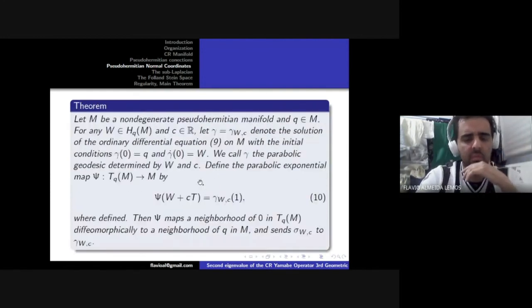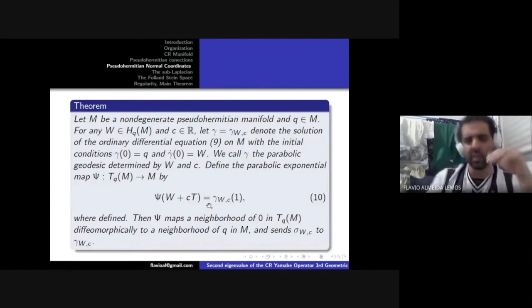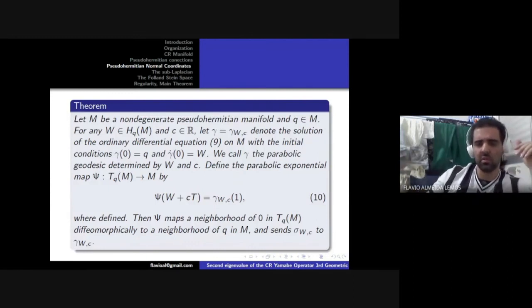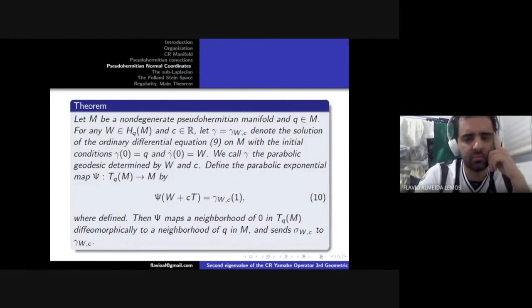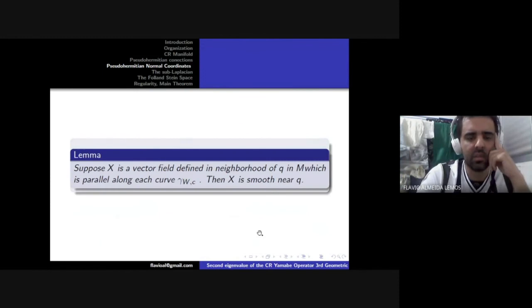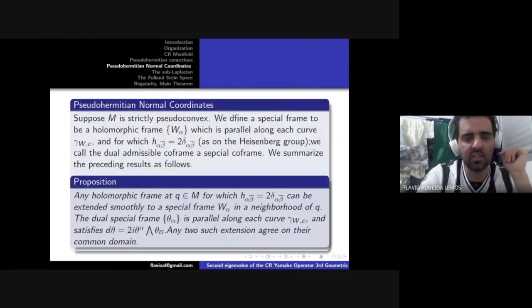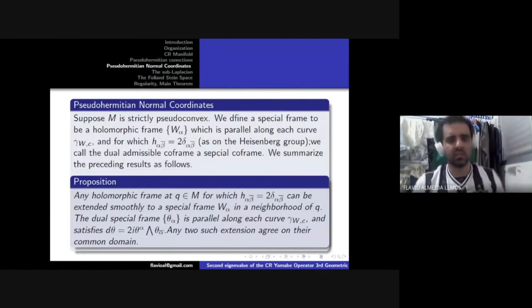We define the parabolic exponential, similar to the exponential on a Riemannian manifold. We get this result. The idea here is to create pseudo-Hamiltonian normal coordinates, like normal coordinates.